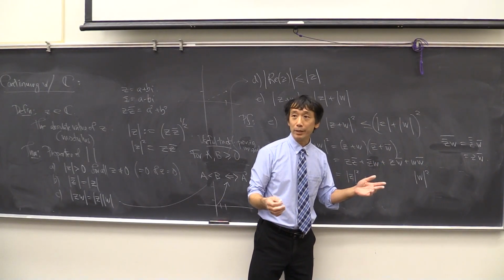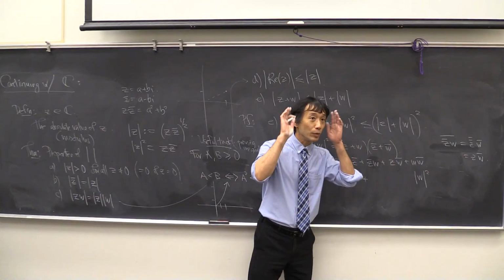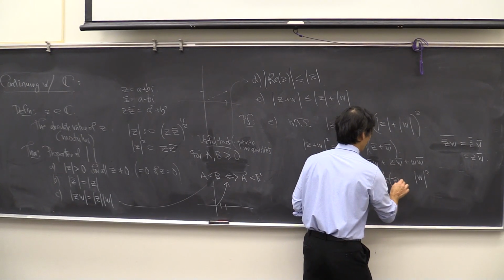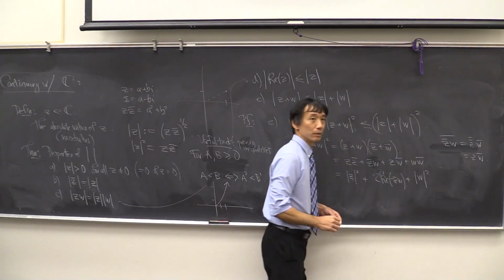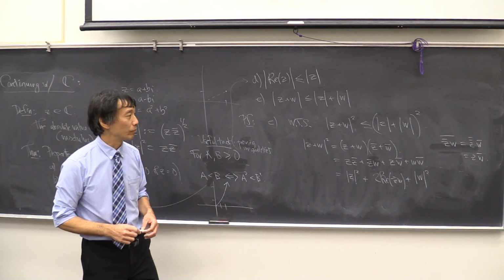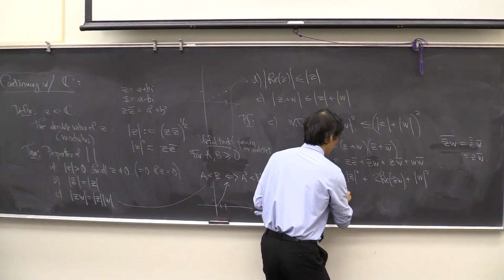What happens when you do that? You get twice the real part. So you get twice the real part of one of them.